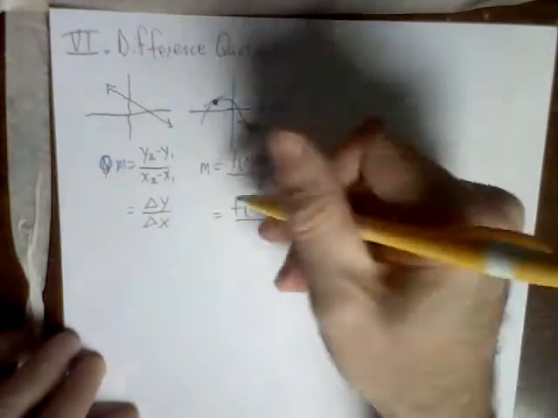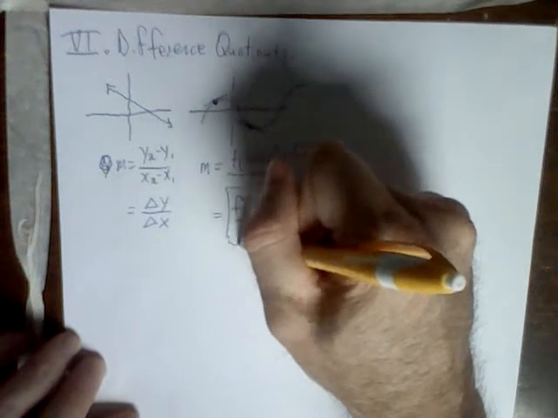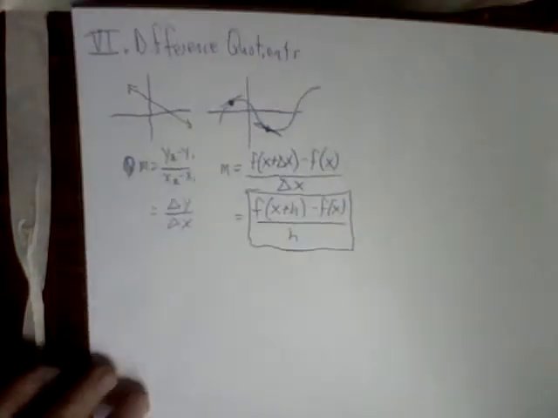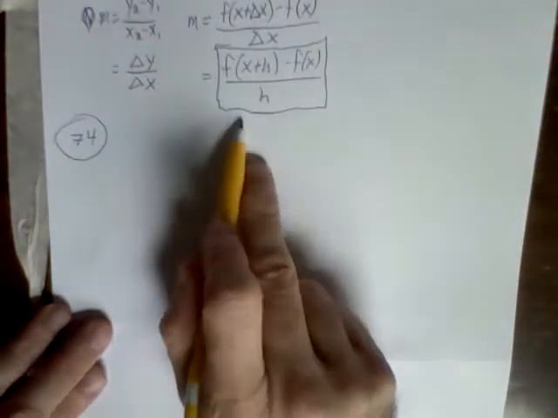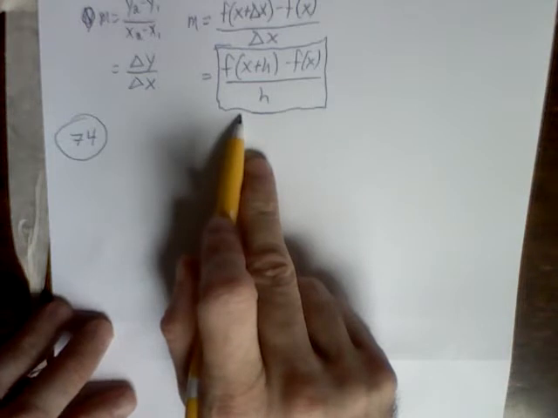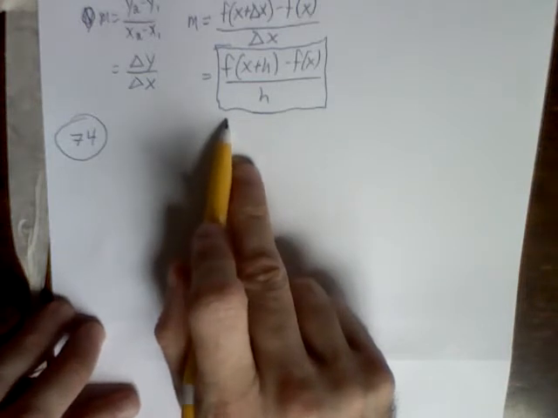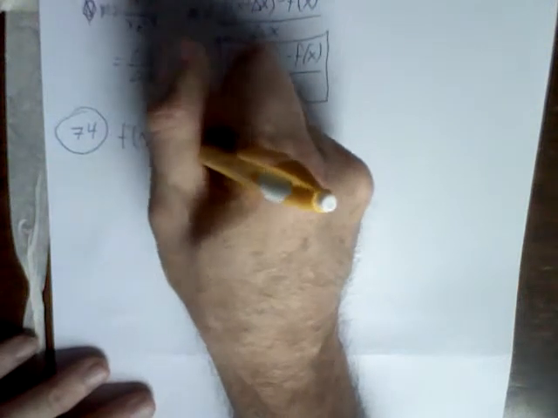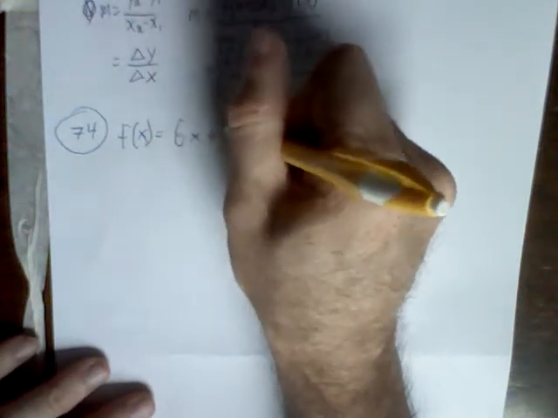Okay? So this guy is the difference quotient, and we want to play around with that in the homework. We want to play around with this new formula. We're not going to use it really in this class, but if you kept taking math, you would. So, for the people who are going to keep taking it, we need to get really good at it.